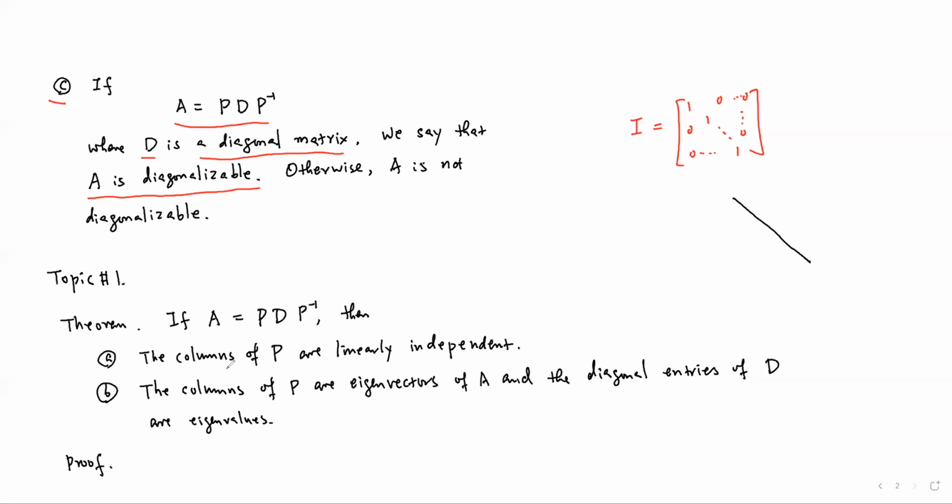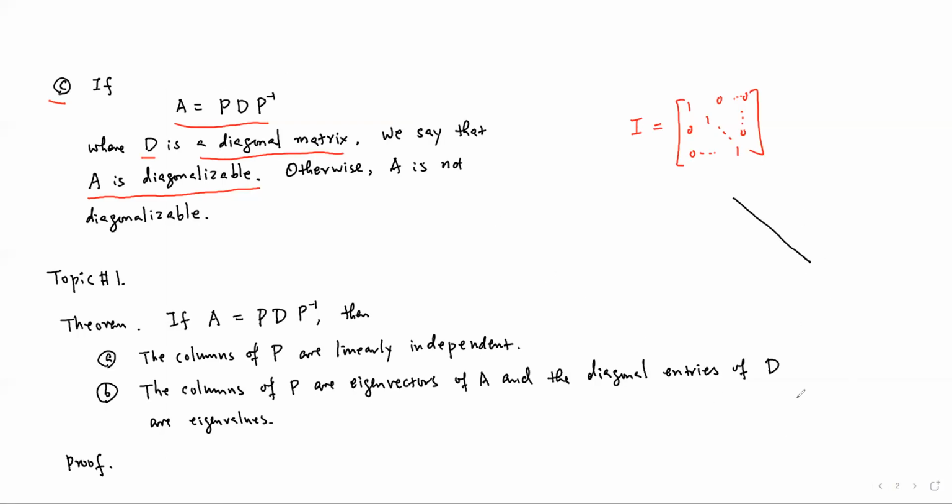There are two parts. Part A first. Part A: the columns of P are linearly independent. Let me denote column 1 by P1, column 2 by P2.